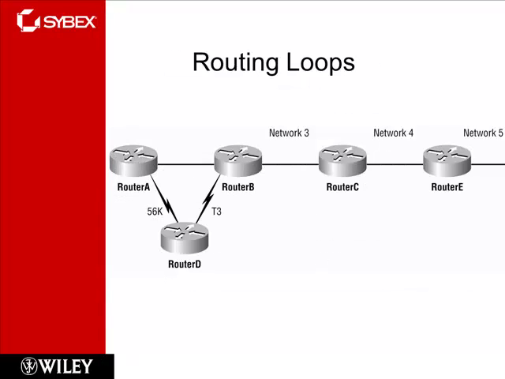And routing loops, a couple of oddities in RIP. And the routing loops we talked about, the updates as we go down. RIP uses hop count as a metric, which means that it would see the T3 and the 56K as equals.